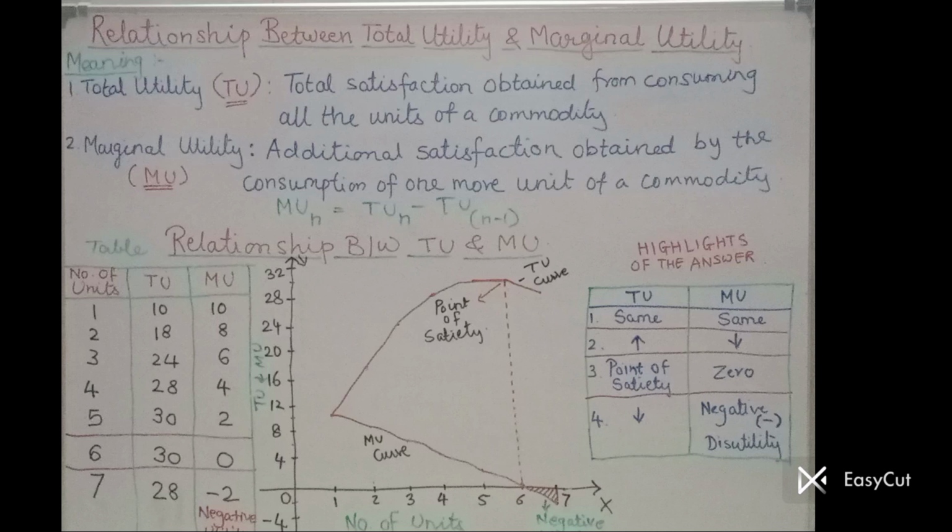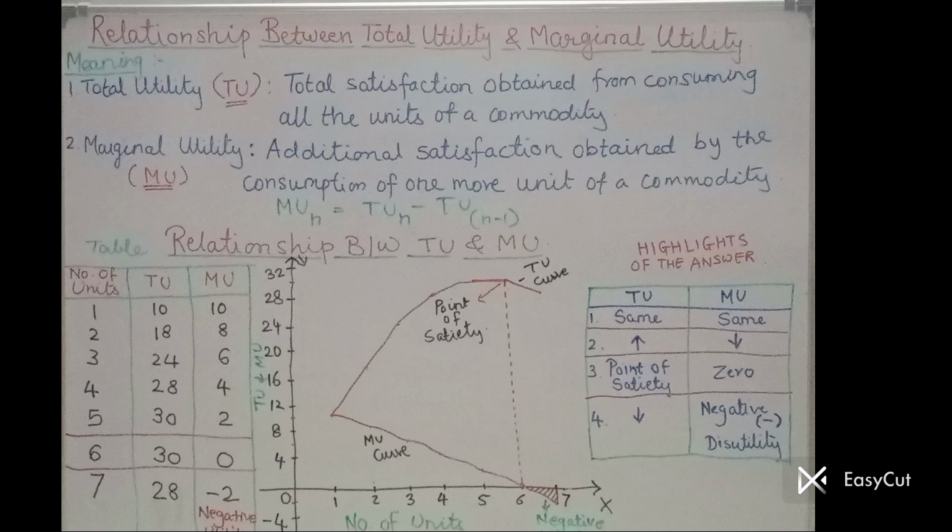Now the word marginal means additional. So very simple meaning here. Marginal means additional. So additional satisfaction obtained by the consumption of one more unit of a commodity is called marginal utility.